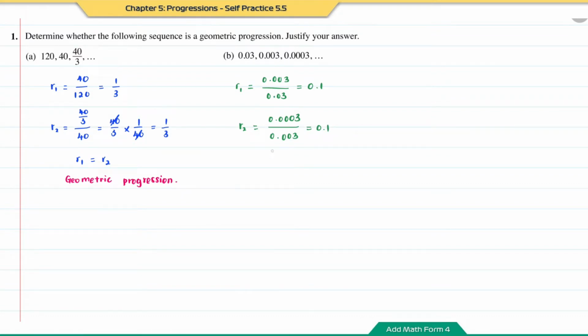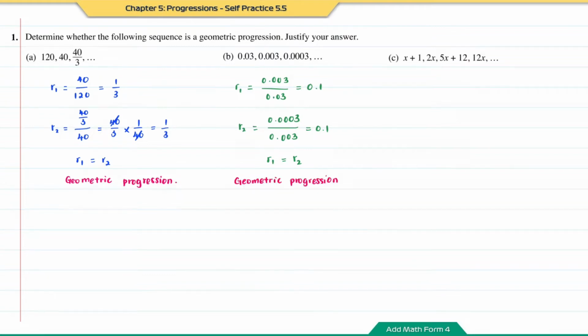As this sequence has the same ratio, which is 0.1, therefore this sequence of numbers is a geometric progression.